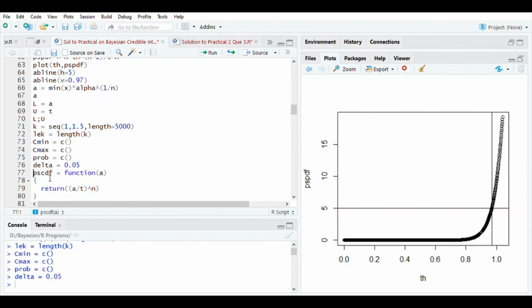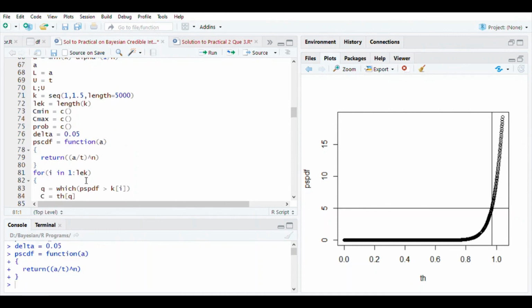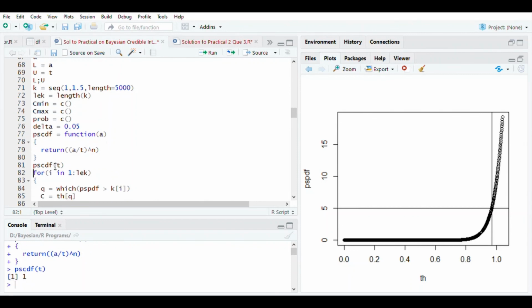So suppose I develop a function titled PSPDF like this, where the function simply returns the value of the posterior PDF at point A. So let us run this. The posterior PDF at point T should be 1. If you want to check whether it is working well or not, check the value at T. It should be 1. So yes.